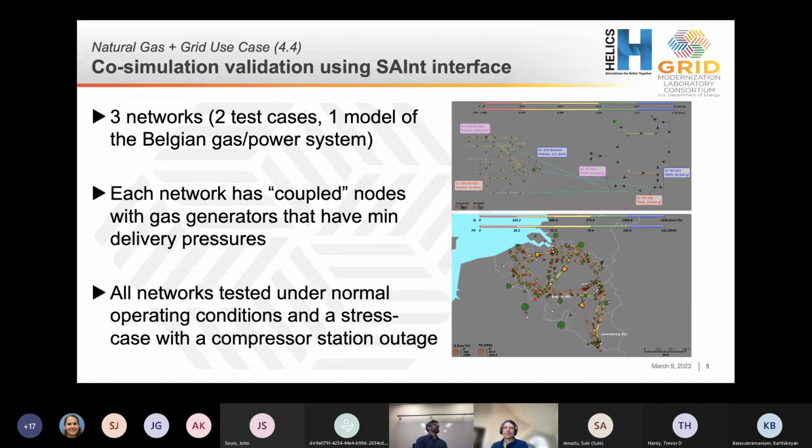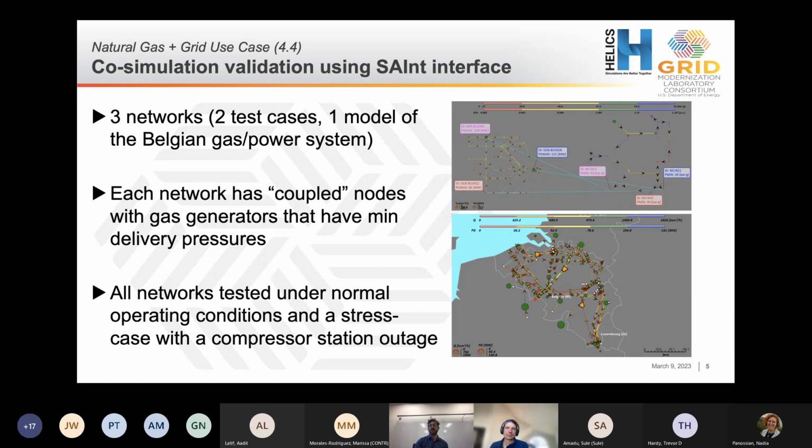Yeah, I'd have to go look at the paper. I think the test network is the 30 bus case on the electric side and maybe a 24 or 26 node on the gas side. So that's pretty small. The Belgian case is on the order of 100 to 200 nodes, I think. I don't think we saw too much of a scalability problem.